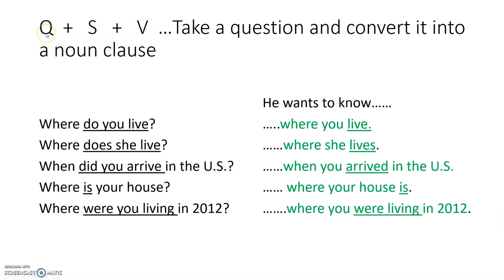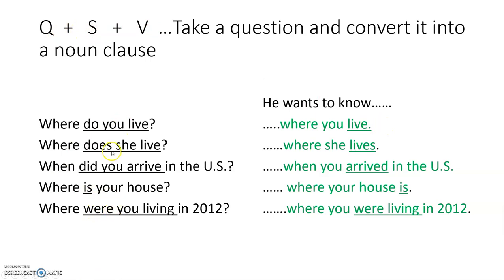Q stands for question word. This is the order that you must use when you want to make a noun clause that originated from a question. I think it's easy to remember this little formula because these letters are in alphabetical order, right? Q comes first in the alphabet, and then later S, and then later V.